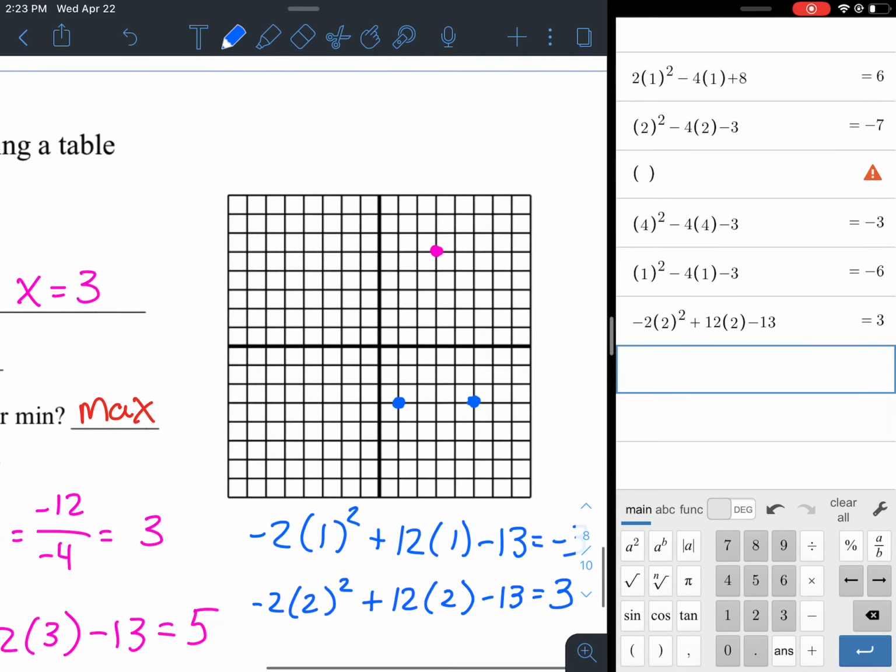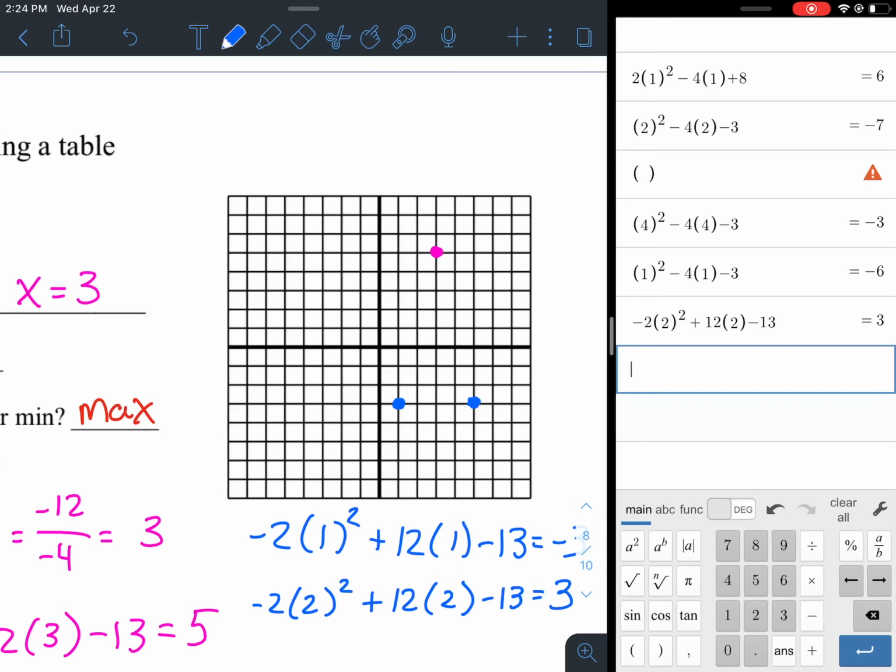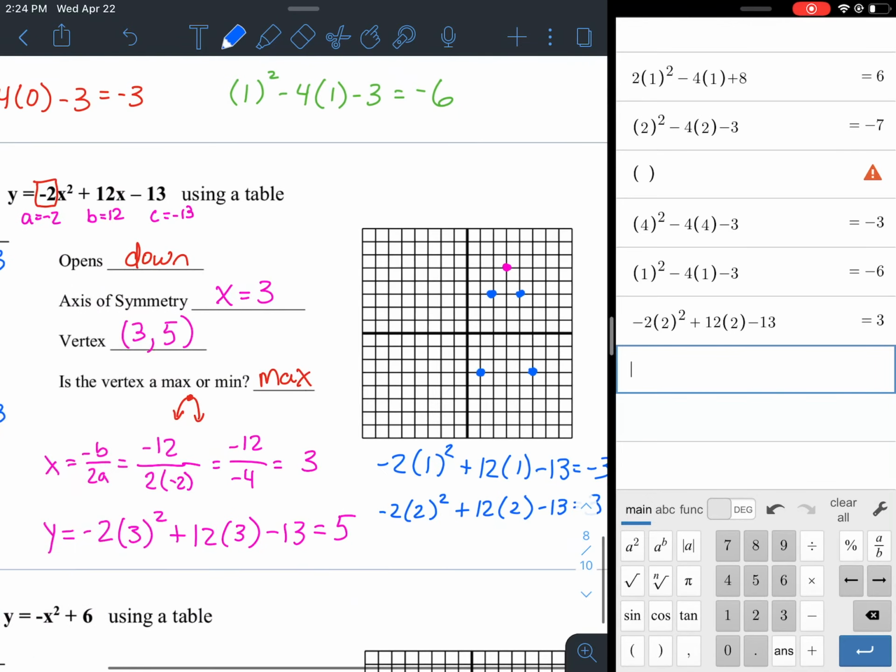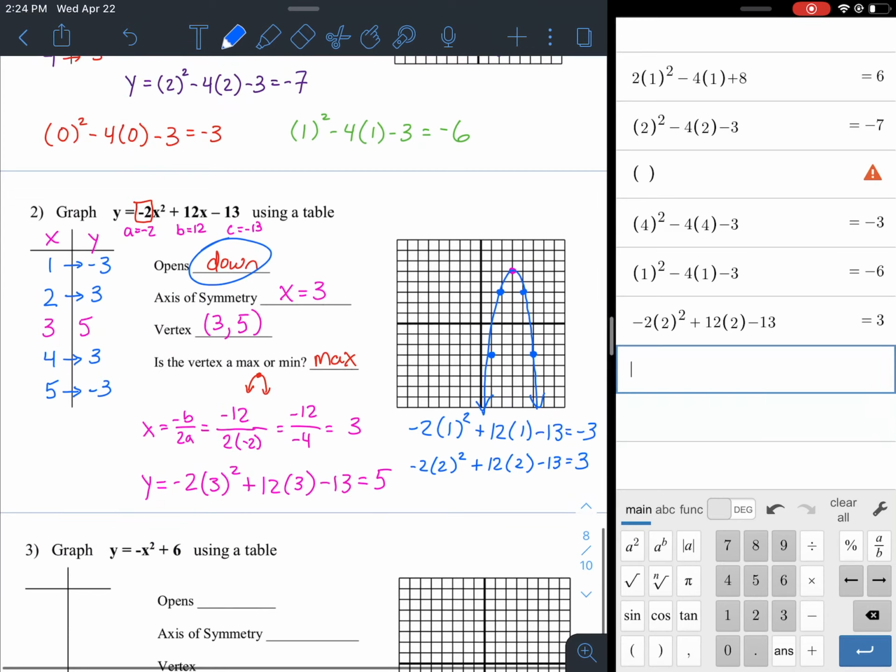So I need to plot the points 2, 3, and 4, 3. And again, we see that frowny face now, which is what we expected from the very beginning. It's a downward parabola, starting at the vertex, going through there. Okay, and there's our downward parabola. Notice the second one went a lot faster than the first one.